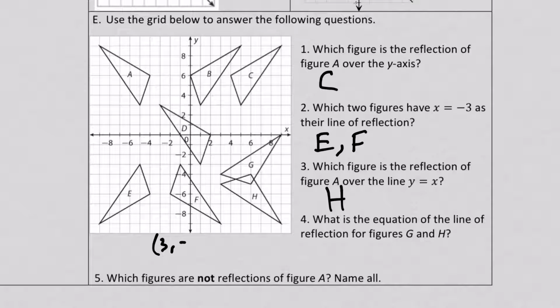3, -4.5. Let me write that down. 3, -4.5 is one of the midpoints. I could do the same thing with the other midpoints. Between this point and this point, it's 6, -4 and 6, -5. The middle is going to be right there between -4 and -5. So 6, -4.5.